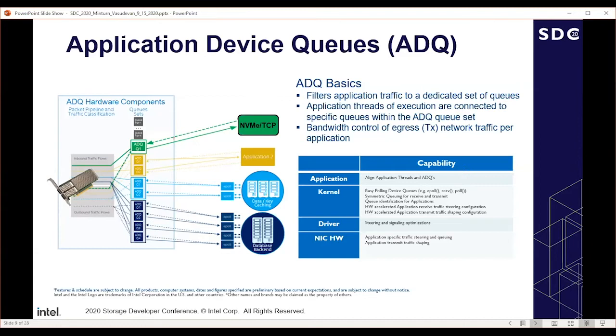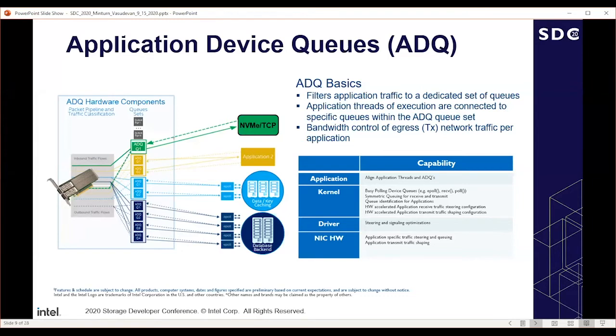The table on the bottom right shows the ADQ capability suite, ranging from the NIC hardware at the bottom, through optimizations in the device driver and the kernel, and also optimization from the application as well. Hopefully that gives you a quick refresher on ADQ, and I'll hand it back to Dave to walk through the next section.